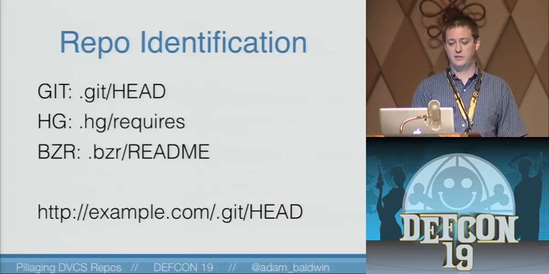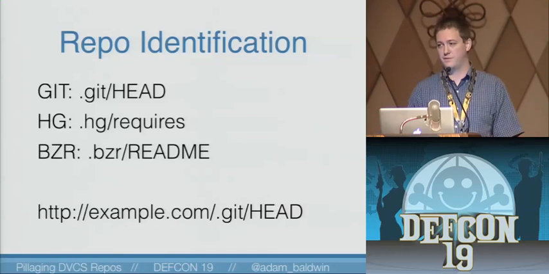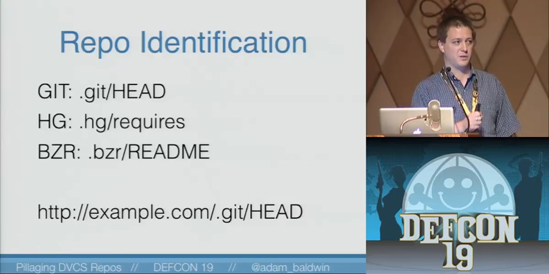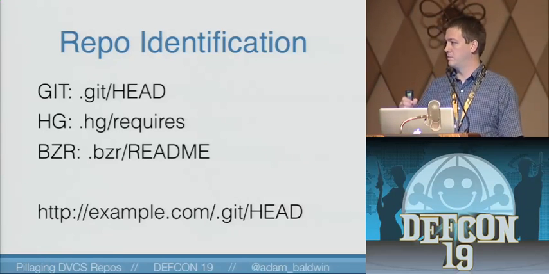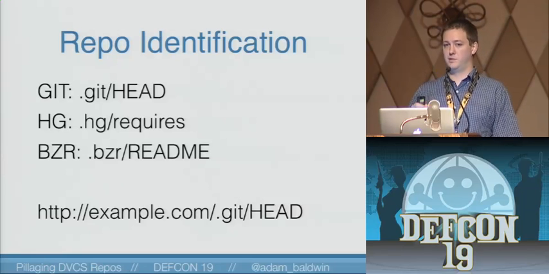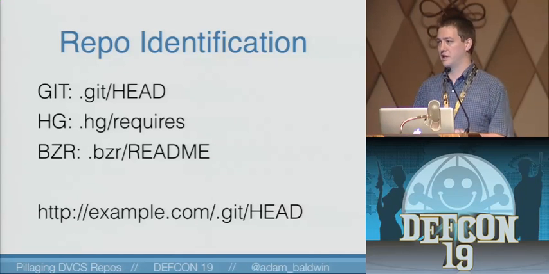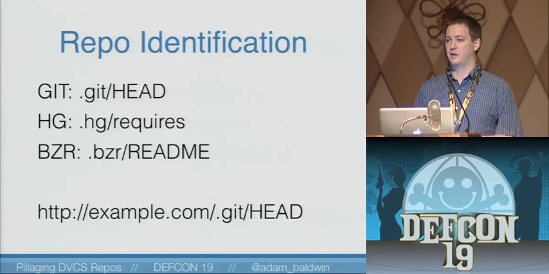The first step is identifying repositories. Then we need to figure out how to extract information from those repositories. And then, of course, some random process, and then we'll profit, as you will see. So here's how we identify repositories. It's pretty simple. All three of them, Git, Mercurial, Bazaar, and there are others. I focused on these three. They all have predictable file names.